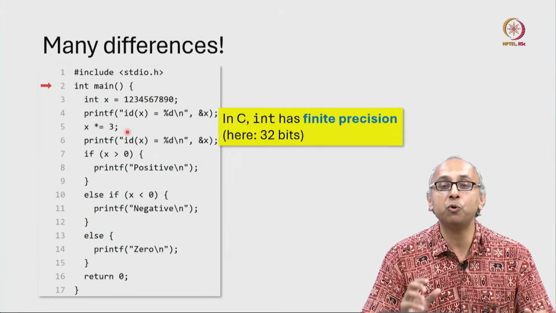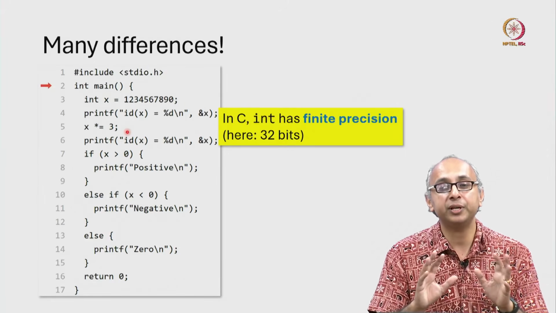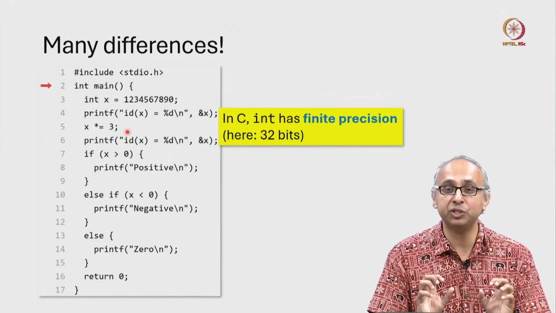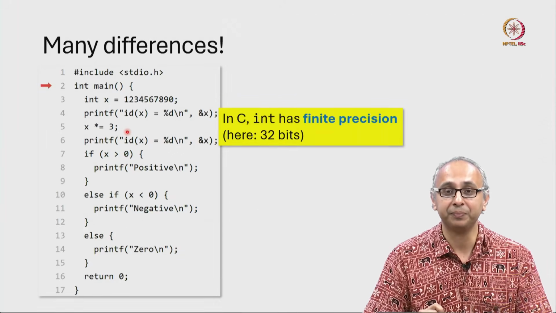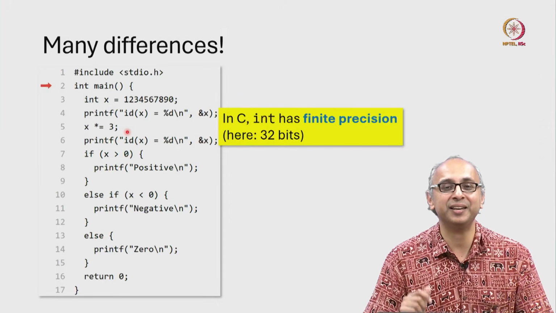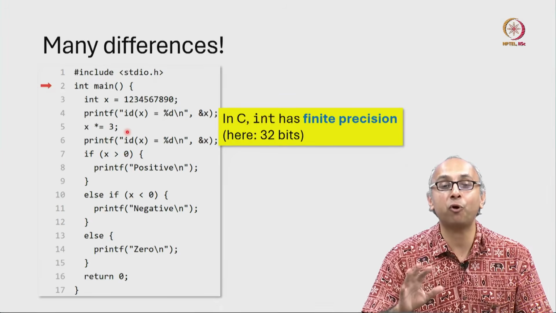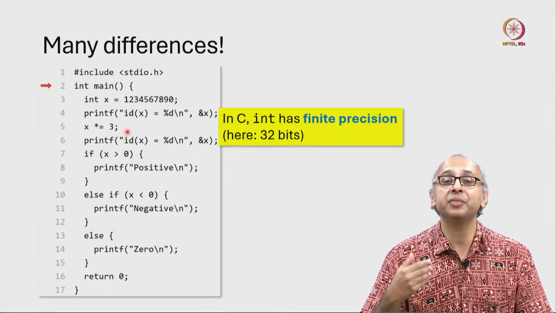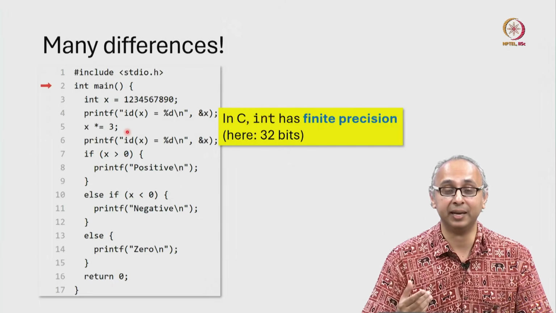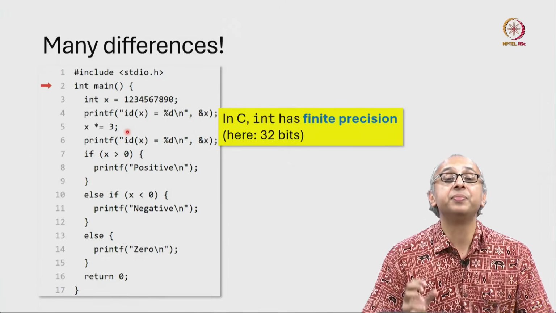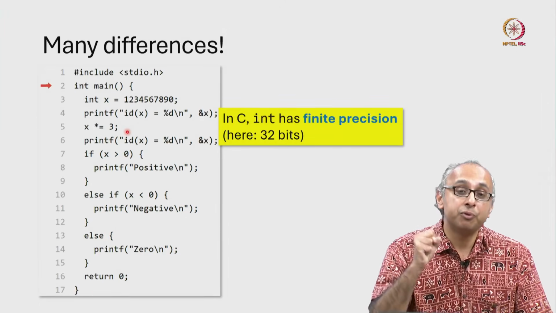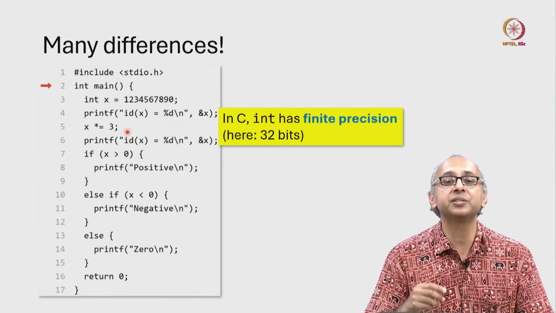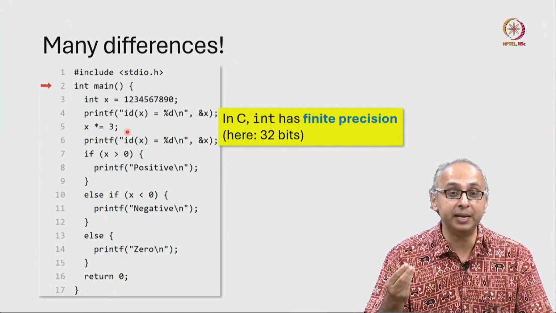It means there are only 2 to the power 32 possible representable integers in C. Now 2 to the power 32, as we have seen in an earlier lecture, is roughly 4 billion. About half of those values are negative and the remaining are non-negative. This means that the largest representable 32-bit int in C is roughly 2 billion.